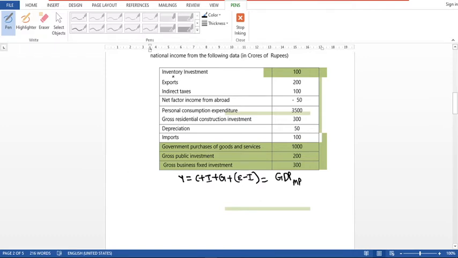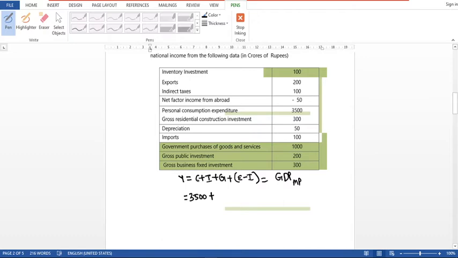So let us start with inventory investment, export, indirect taxes, net factor income abroad, personal consumption expenditure. Now this is C. Personal consumption expenditure is 3500 plus gross residential construction investment.